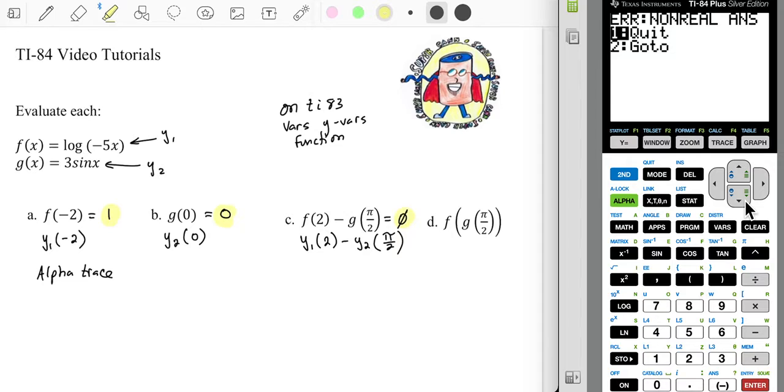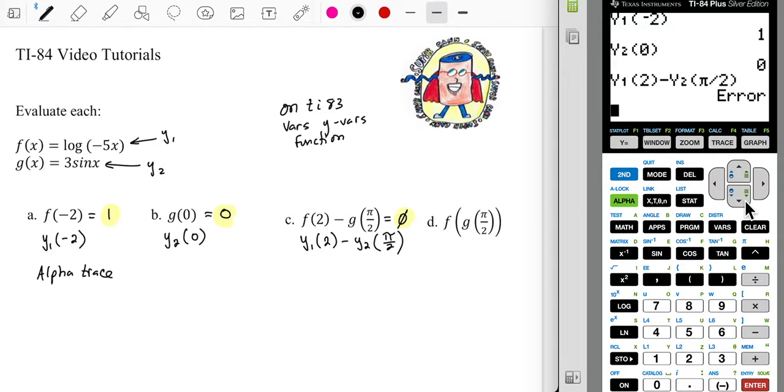Now for the last one, this is a composite function. This is a function plugged into another function. You first probably learned about that in Algebra 2. It wasn't easy then when you were getting your hands around this concept, but the calculator can handle this pretty easily. So we'll quit out of this.